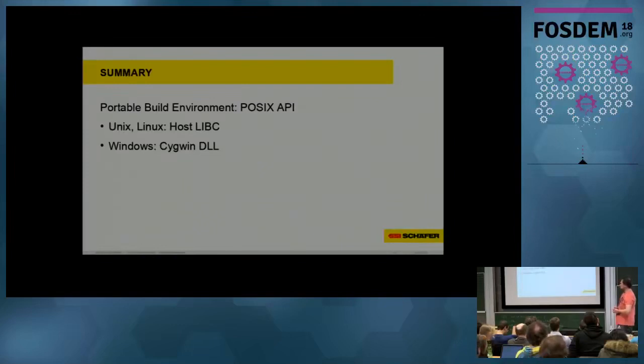For a summary, going back to the different requirements for application and developers, the portable build environment provides the POSIX API. On Unix and Linux, it's quite easy using the host libc, and on Windows the Cygwin DLL.